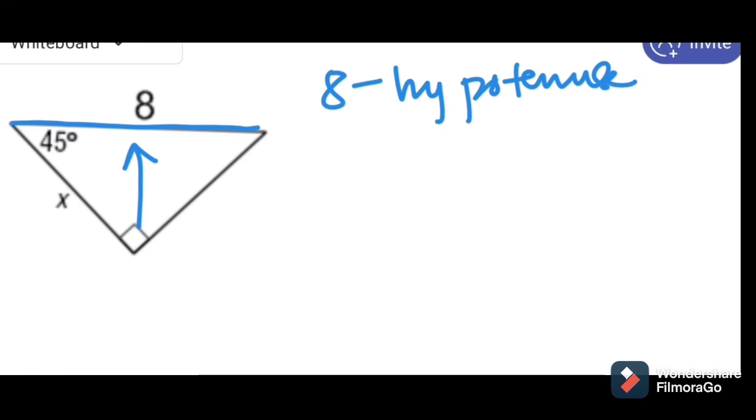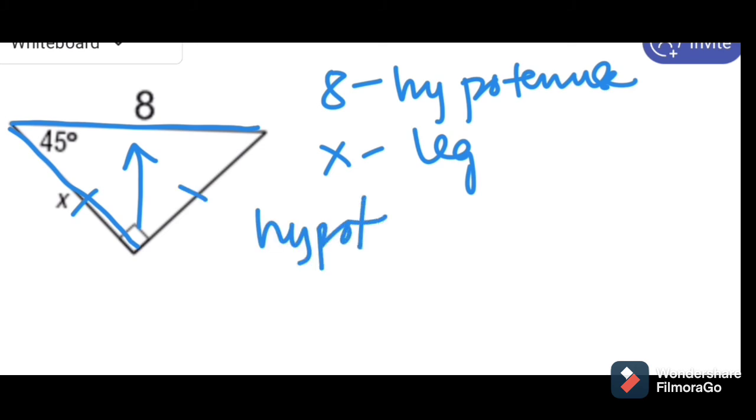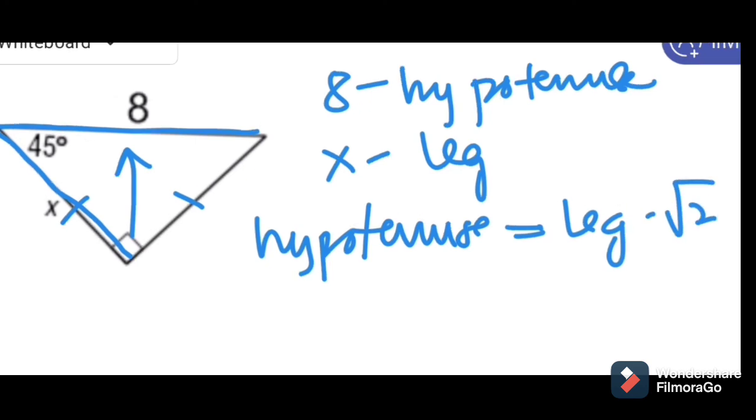Now, how about x? What do we call x? The leg. Remember, the legs of a 90 degree triangle are congruent. The hypotenuse is equal to the leg times the square root of 2.